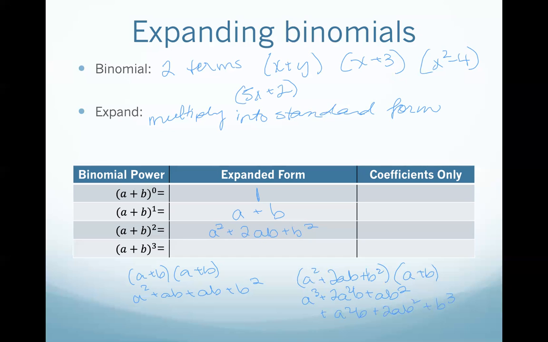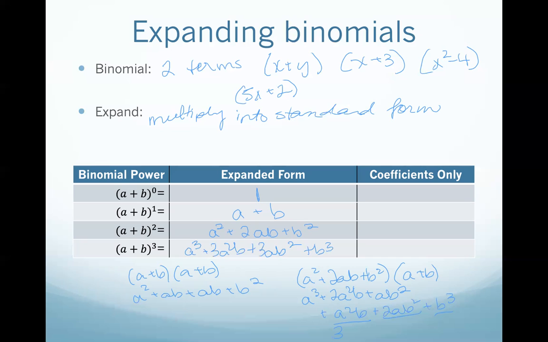And then collecting like terms, that gives us a cubed plus 3a squared b plus 3ab squared plus b cubed.